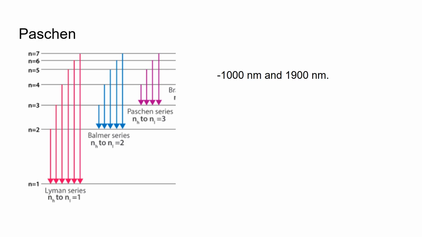The Paschen series results from transitions in a hydrogen atom, where an electron falls from higher energy levels, n greater than or equal to 4, to the third energy level. These transitions produce light in the infrared IR region of the electromagnetic spectrum, which has longer wavelengths and lower energy compared to the ultraviolet Lyman series or visible light, the Balmer series.